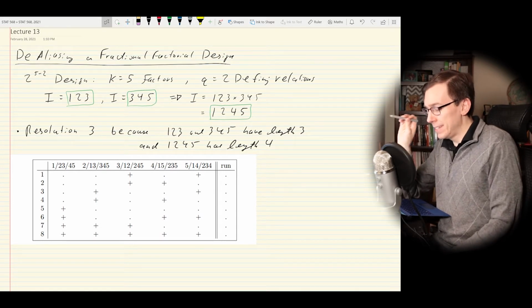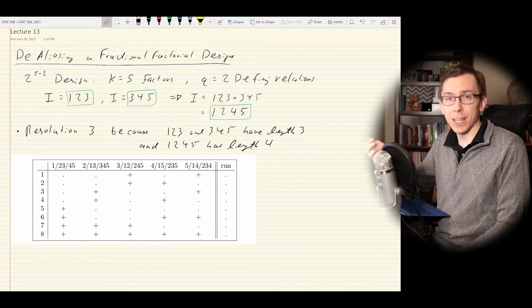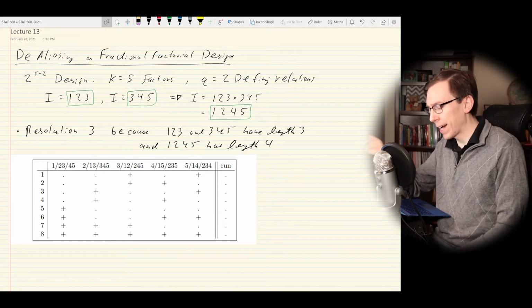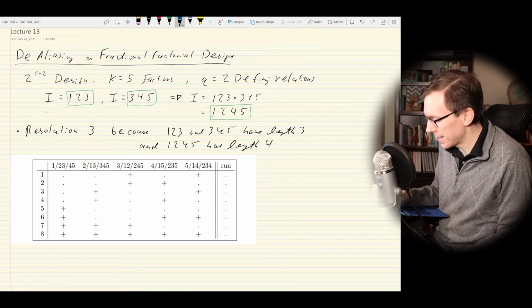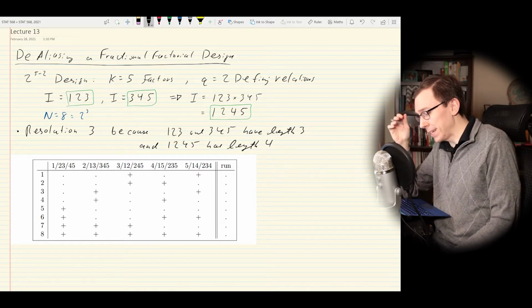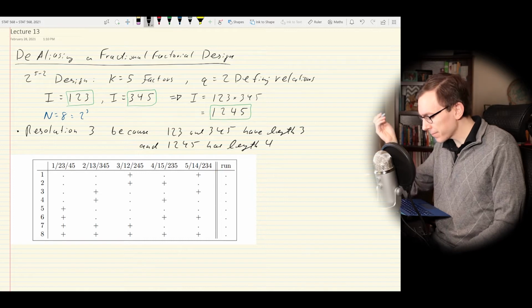Again, the data size is only 8 observations compared to the 32 that we would have for a 2 to the 5 full factorial design. So that's another noteworthy thing to put in here, is that n is equal to 8 is equal to 2 to the 3. So that's quite nice. It means that we have a much smaller sample size that we need to collect.